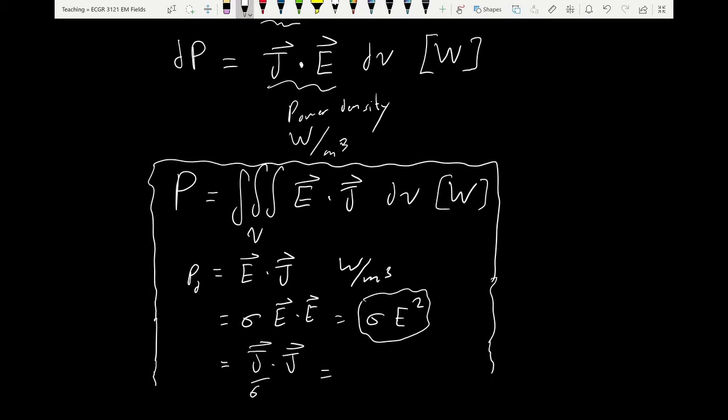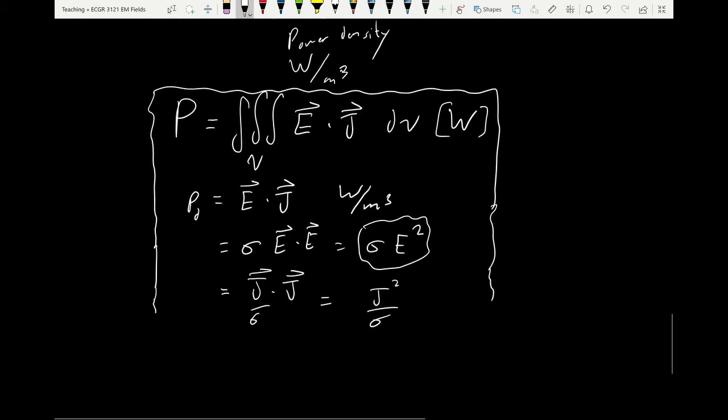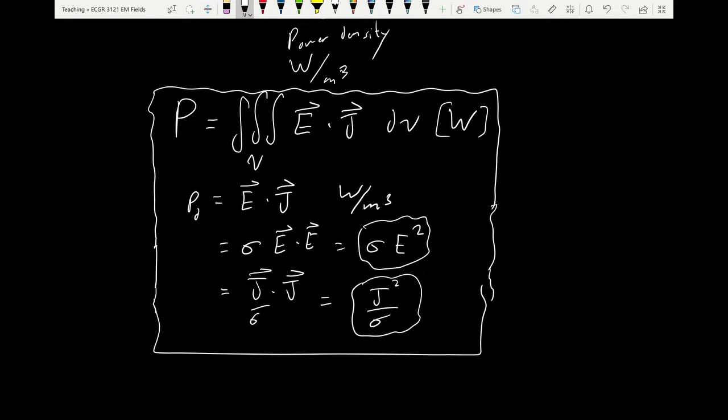That gives me J squared over sigma. And this is another expression for the power density, in watts per meter cubed. So this is the total power, and this is the power density at every point in space, which we can find from E using this formula, or find from J using this formula. And this is Joule's law.